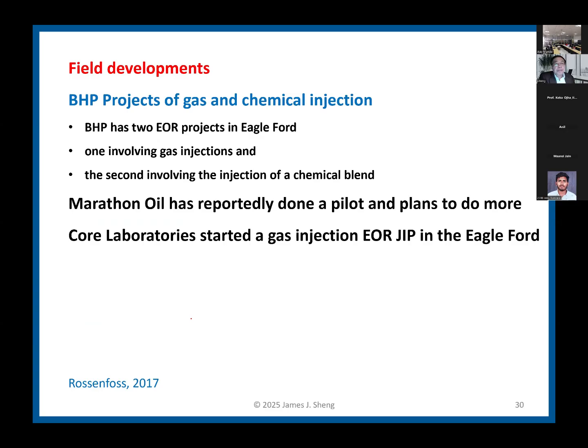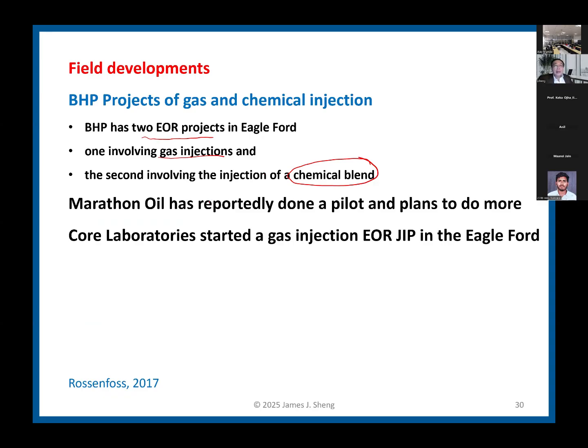Okay. Now let's look at another one. This is the BHP project of gas and chemical injection. BHP has 2 EOR projects in Eagle Ford, one involving gas injection, another involving a chemical blend.